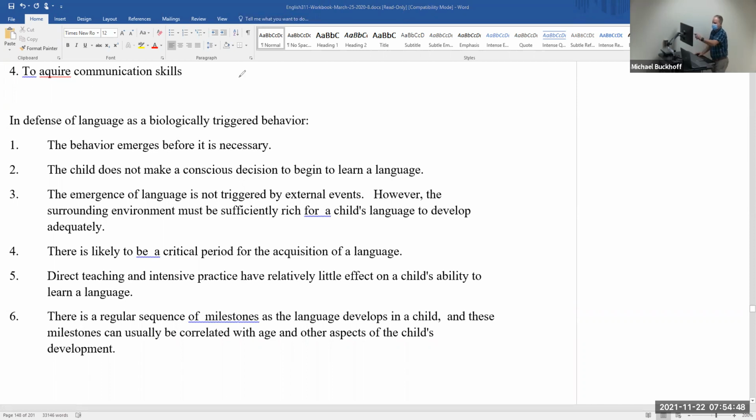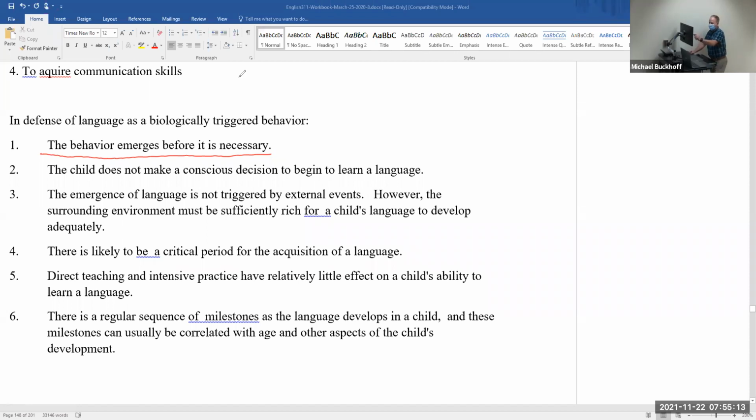First, the behavior emerges before it's necessary. Children begin to try to use the language. They begin making a lot of noise, even at 3 months old. They call it cooing. They go from cooing to babbling. At about 6 months, babbling: da da da da, ma ma ma, ba da da. They start really making noises.